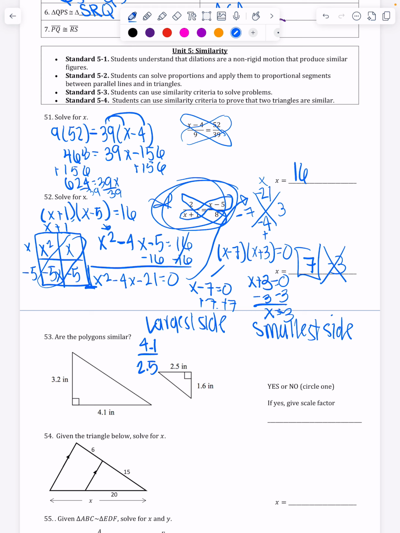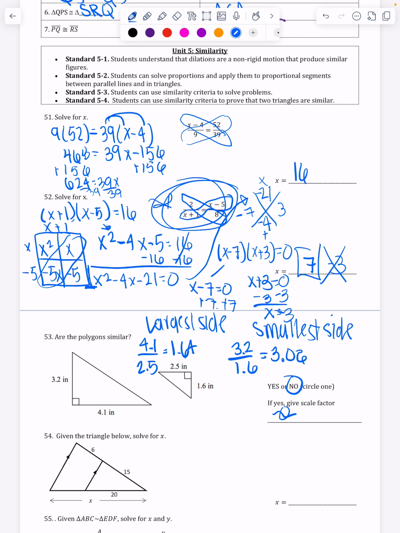That's my largest side. And that's going to divide down to 1.64. Okay. And then I'm going to do 3.2 over 1.6. And that's going to divide down to 3.06. So no, they're not similar, and there would not be a scale factor.